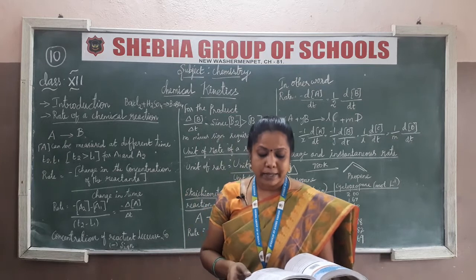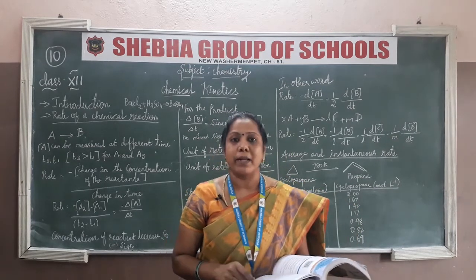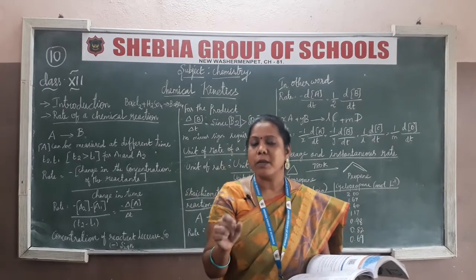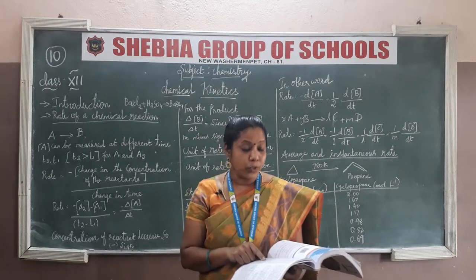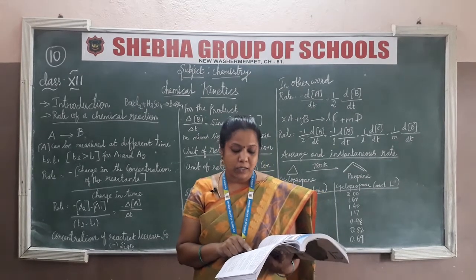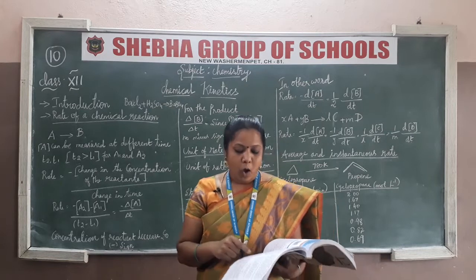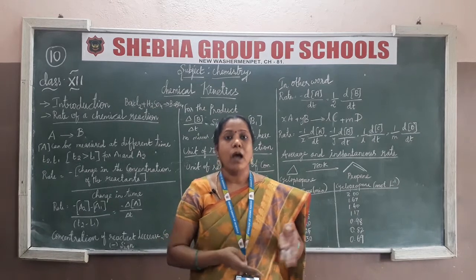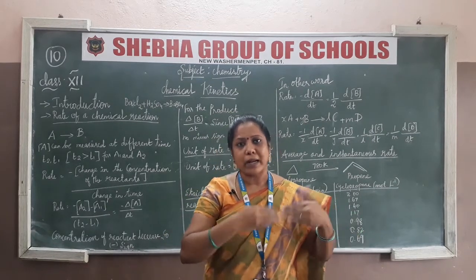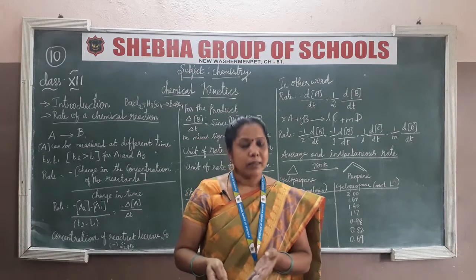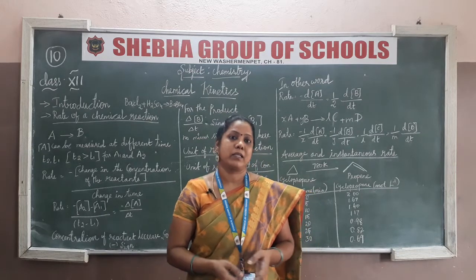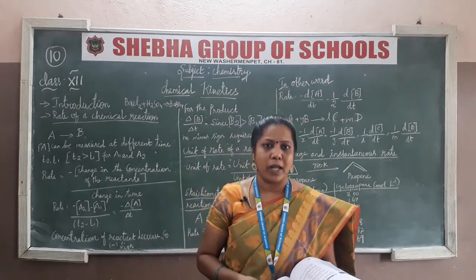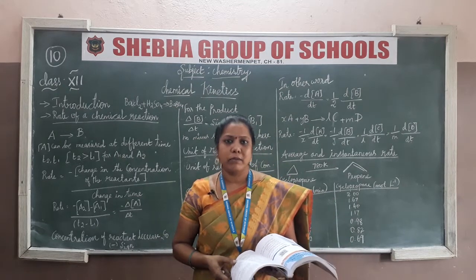The study of chemical kinetics helps not only to determine the rate of chemical reactions and the mechanism of the chemical reactions. It is also useful for optimizing the process conditions of industrial manufacturing processes, and organic and inorganic synthesis. In the manufacturing of chemicals, we can find out what product we have obtained at a certain stage, so chemical kinetics is very important for the manufacturing field. You will be able to analyze how useful chemical kinetics is in the manufacturing field when we come to further concepts.